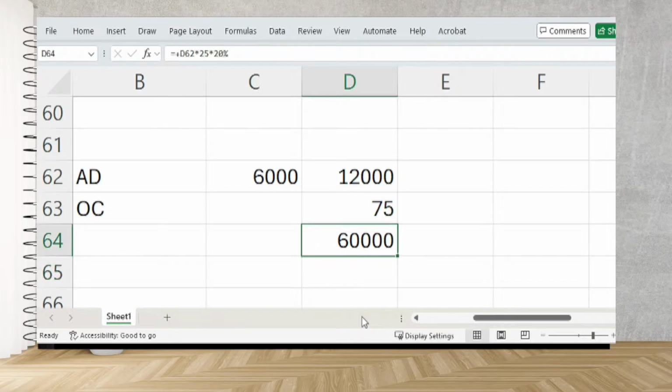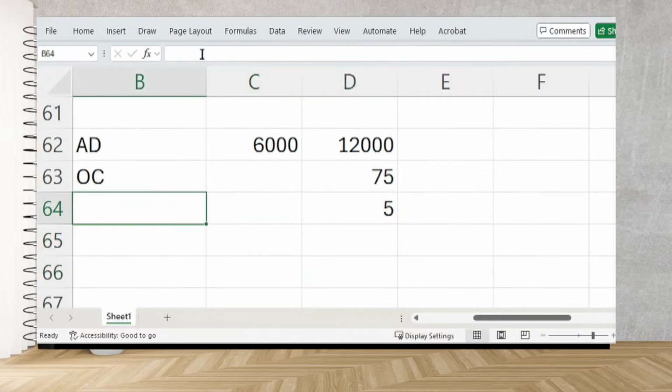You need to consider only per tire cost. So it is 5 carrying cost.